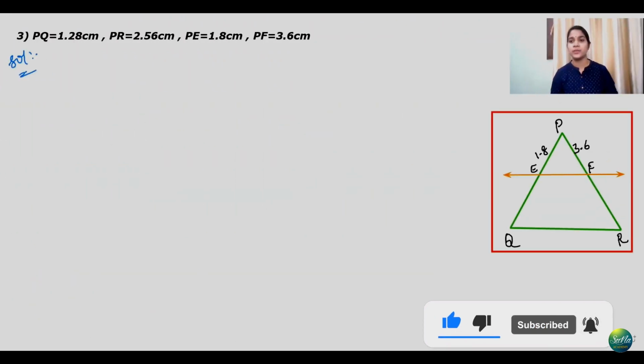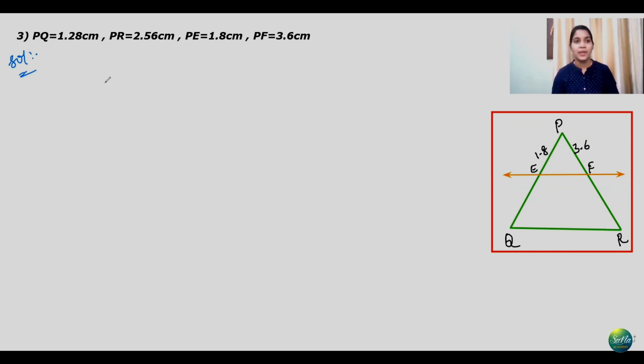We have another question for the triangle PQR. It is given that PE is equal to 1.8 centimeters and PQ is equal to 1.28. PF is equal to 3.6 centimeters and PR is equal to 2.56 centimeters. Now we have to verify by the given values whether EF and QR are parallel to each other. So we use the basic proportionality theorem corollary here.